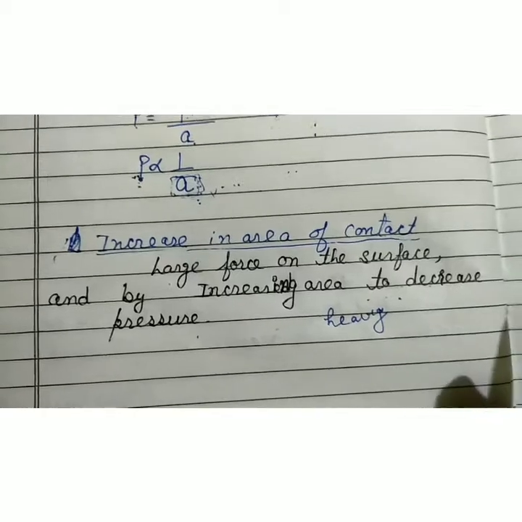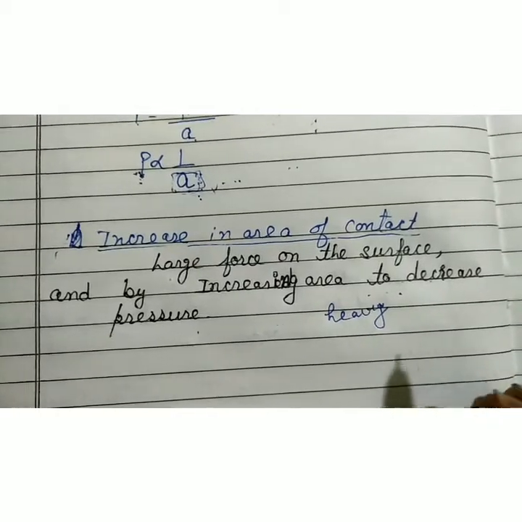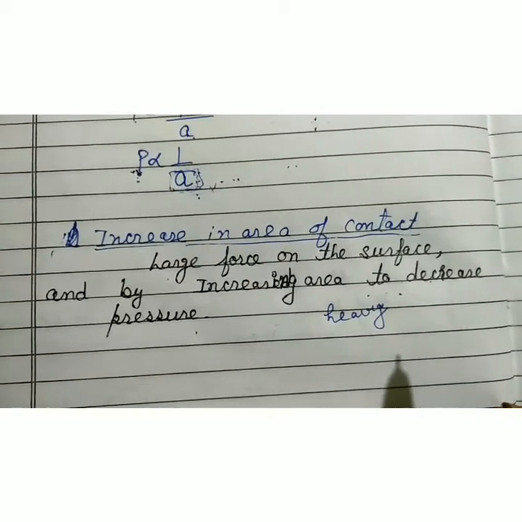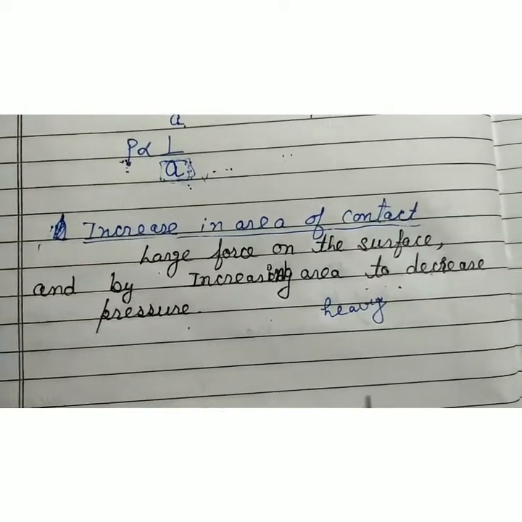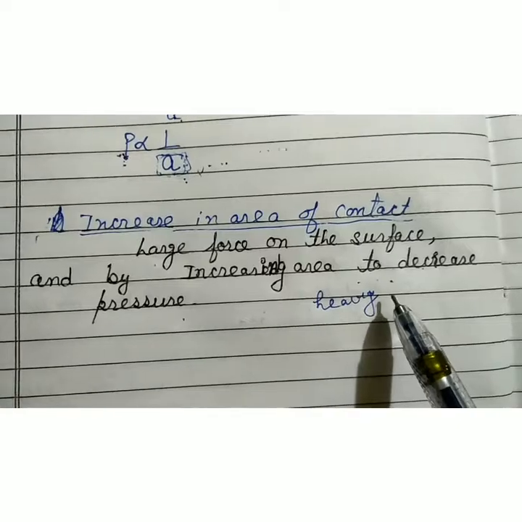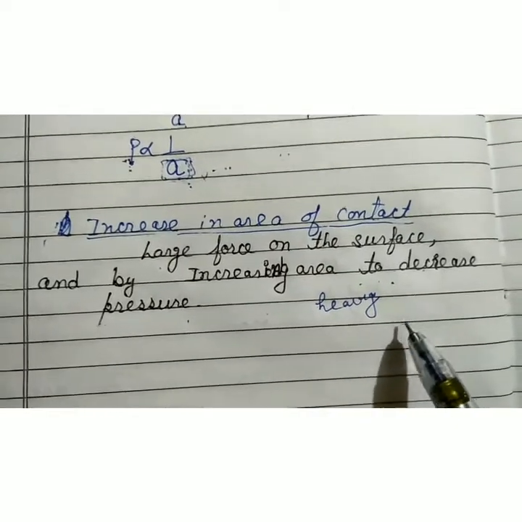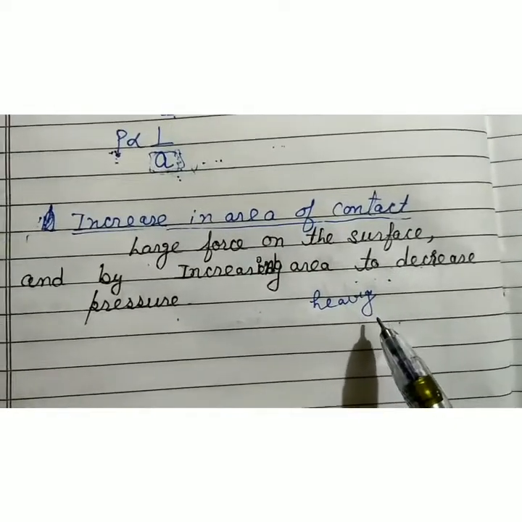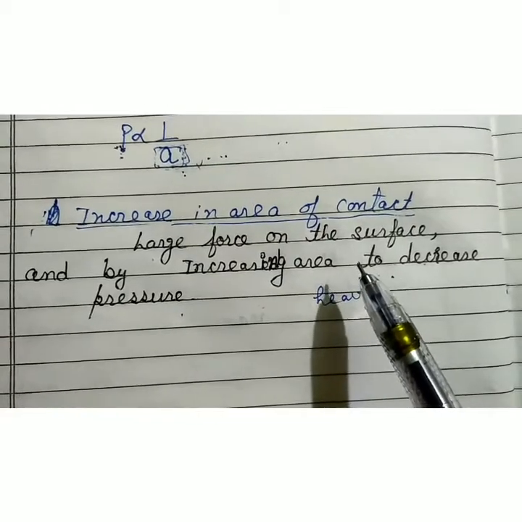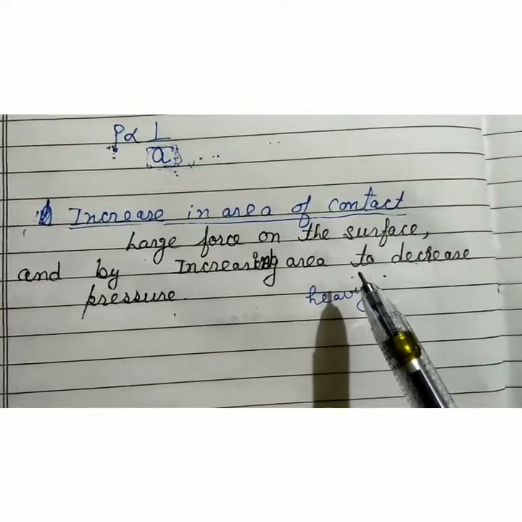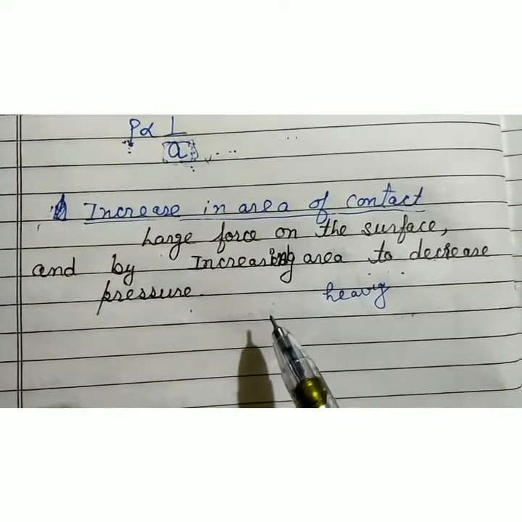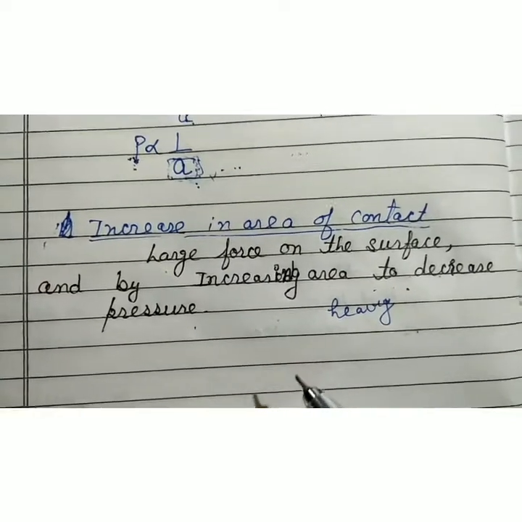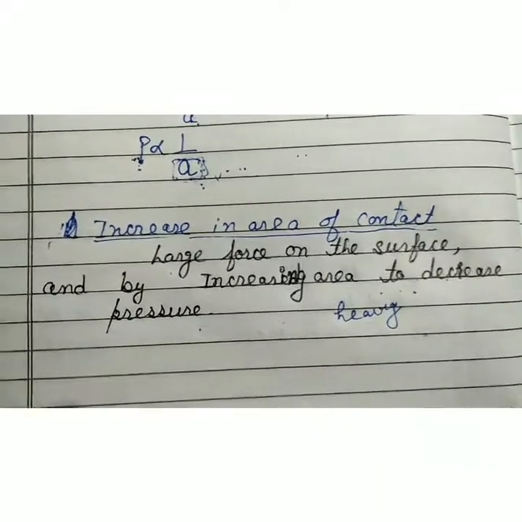So to decrease the impact of force, because we know that if the area of contact is more, then the impact of force is less, we increase the area of contact so that the pressure exerted by all these objects on the surface becomes less.